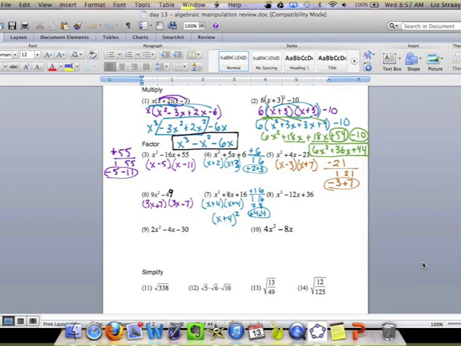For number 8, I'll look at what multiplies to make 36. 1 and 36, 2 and 18, 3 and 12, 4 and 9, 6 and 6. Lots of options with 36. Which of those sets can I make a negative 12 out of?